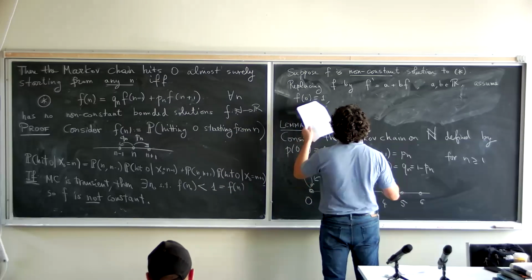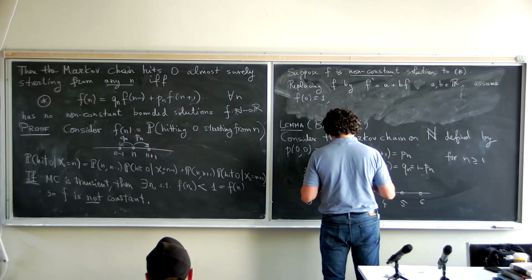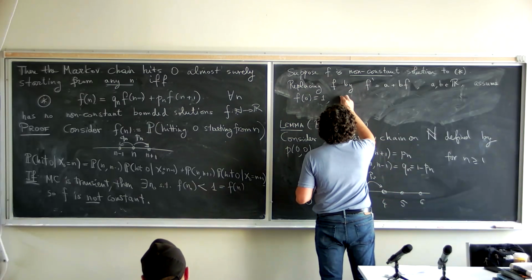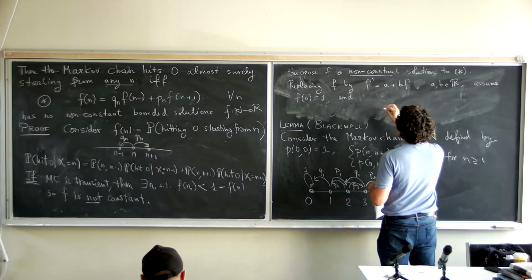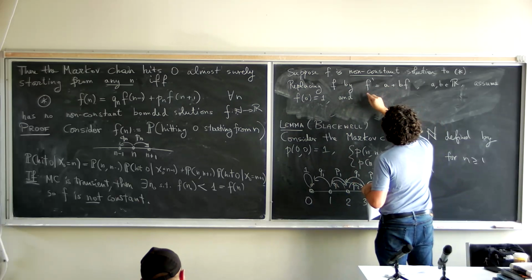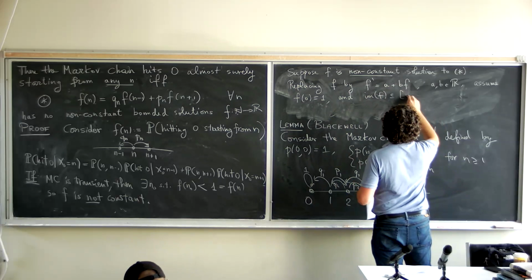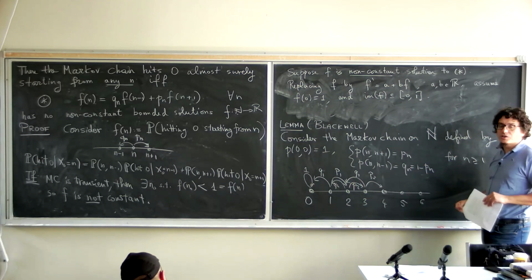And also maybe we can assume that it takes values from 0 to 1. To be honest, it doesn't really matter. So the image of f is contained in 0, 1. It's a bounded function, so you can.